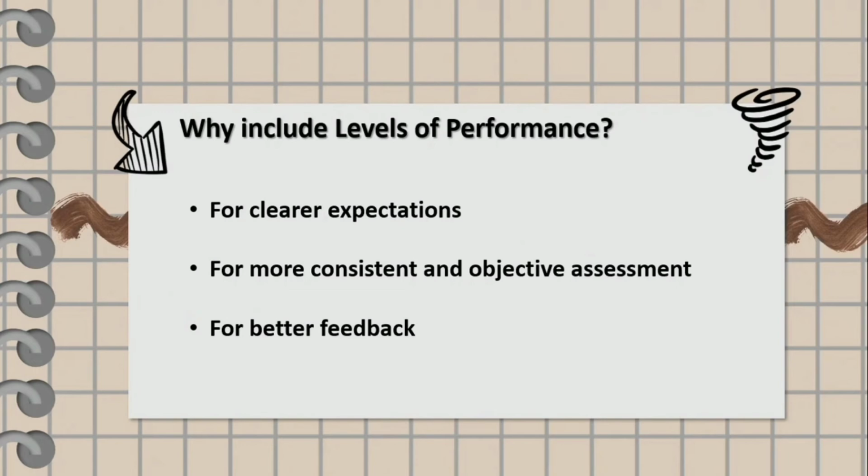For more consistent and objective assessment, because the levels of performance permit the teacher to more consistently and objectively distinguish between good and bad performance or between superior, mediocre, and poor performance. For better feedback, because the teacher and the students can more clearly recognize areas that need improvement, and it is according to Navarro et al. 2013.